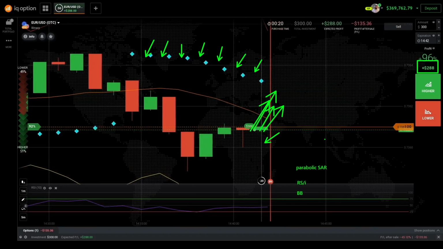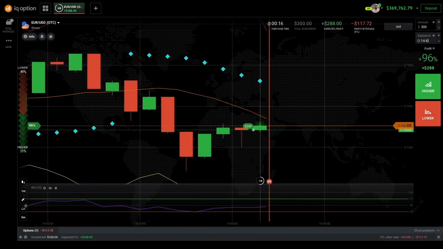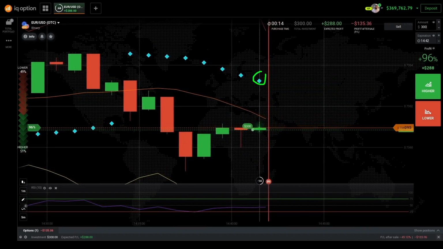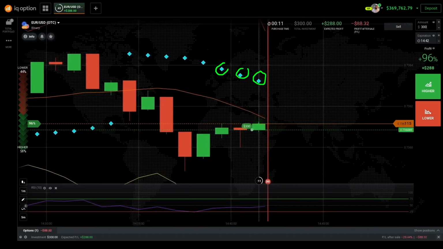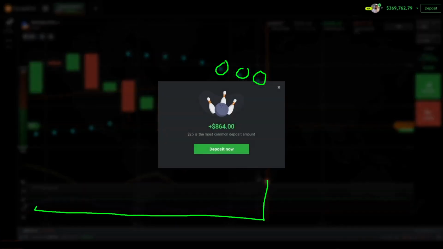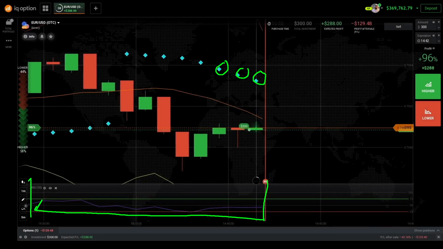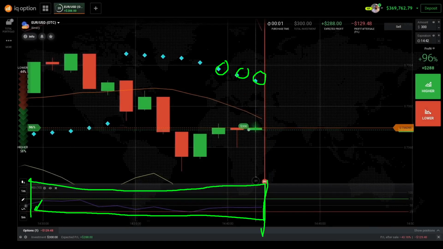Yep, this one is also going up. Great. So these are the dots from the Parabolic SAR. And this is RSI.